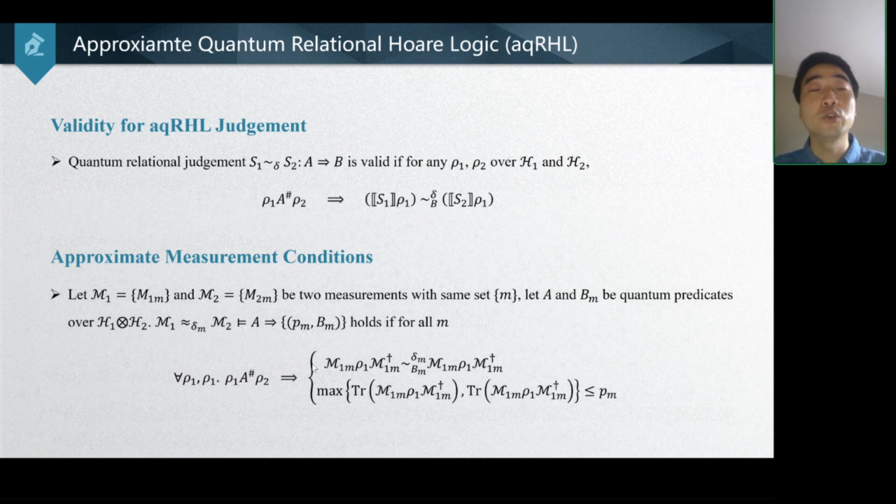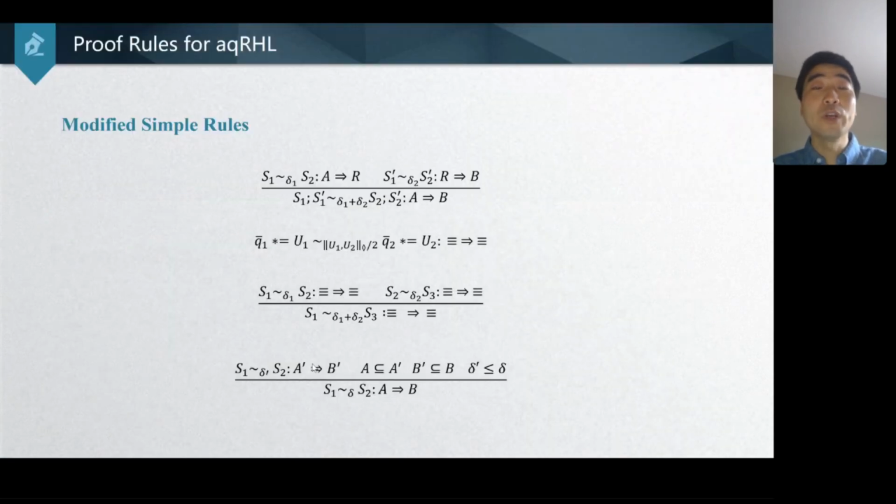And we also need to introduce approximate measurement conditions. So we have some modified simple rules. You can see we take the example of the first one.